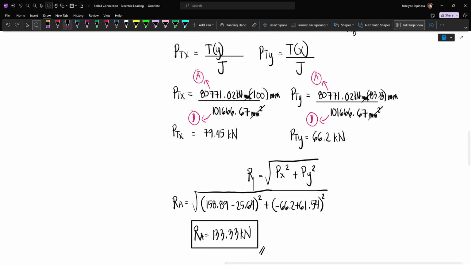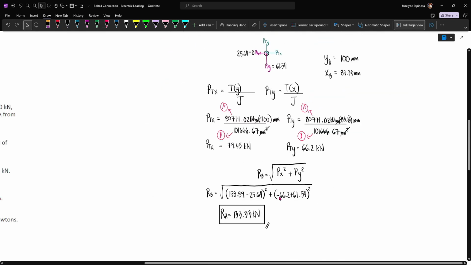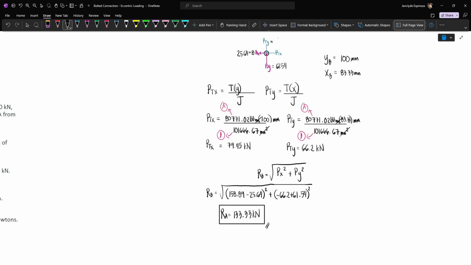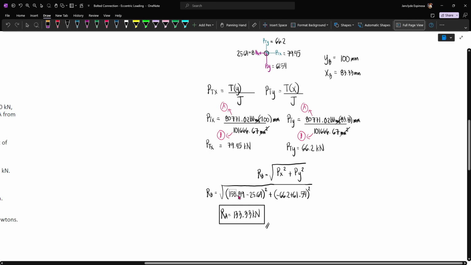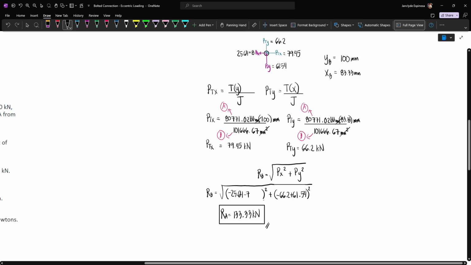And then here, for the reaction, let me copy this one. So this is now B. This is also B. For the forces along X, let's look at our bolt. PTY is equal to 66.2, while this is 79.45. For the forces along X, we now have minus 25.64 because this is going to the left, and then minus 79.45 also going to the left.